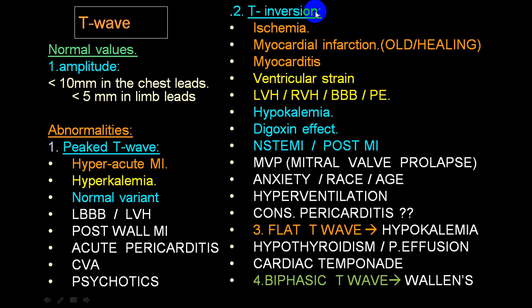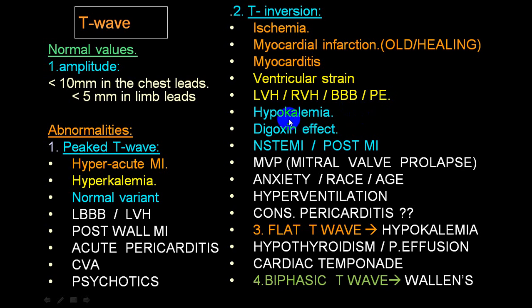While T wave inversion is commonly seen in ischemia, in a healed or old myocardial infarction or a healing myocardial infarction, some cases of myocarditis, in RVH, LVH ventricular strain, hypertrophic obstructive cardiomyopathy, even in the case of a bundle branch block, acute pulmonary embolism.